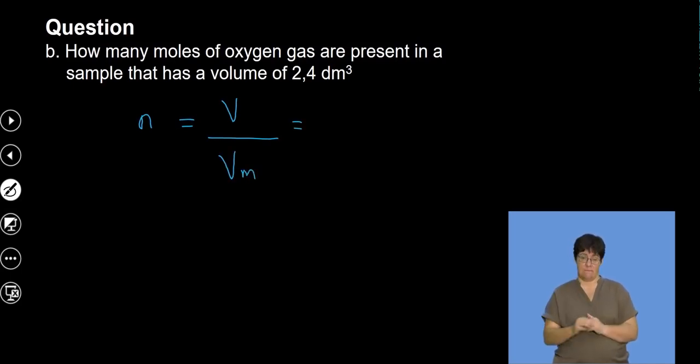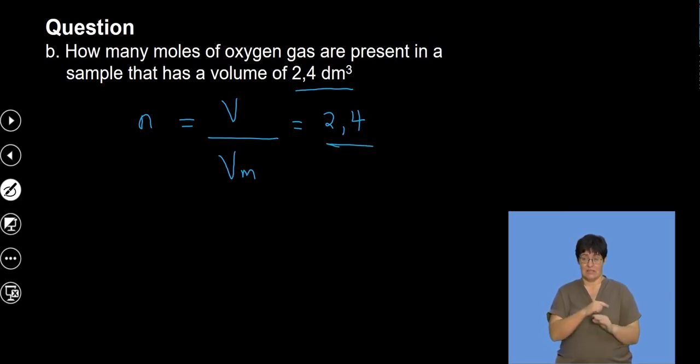The volume of the sample here is 2.4 cubic decimeters. It's no longer the mass. Take note of that. Assuming this is at standard temperature and pressure, each mole will occupy 22.4.